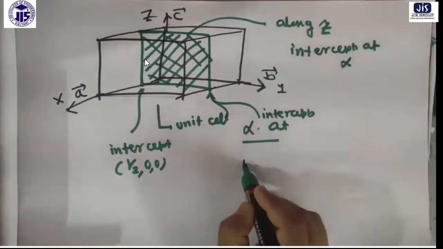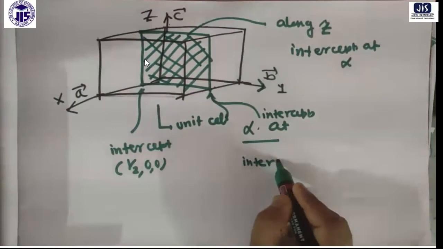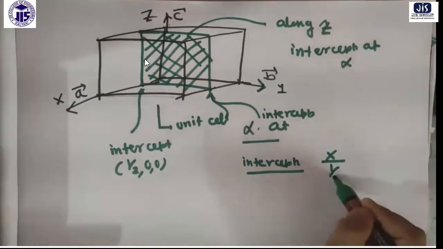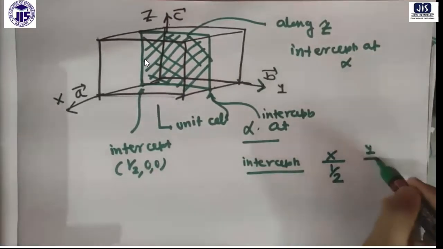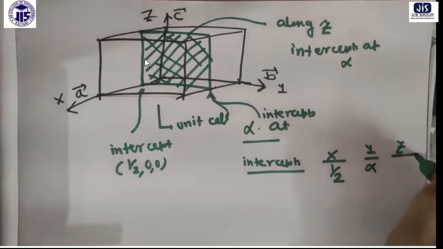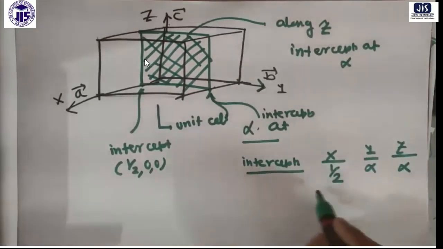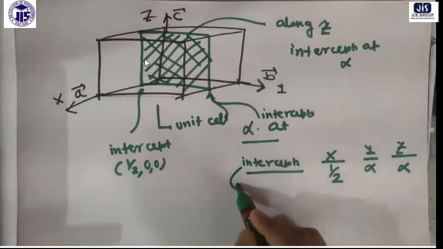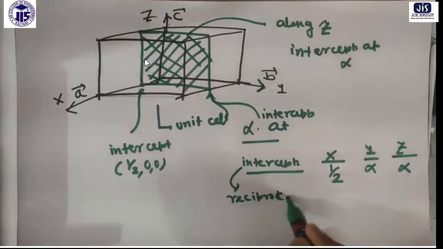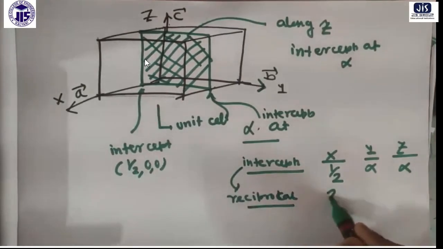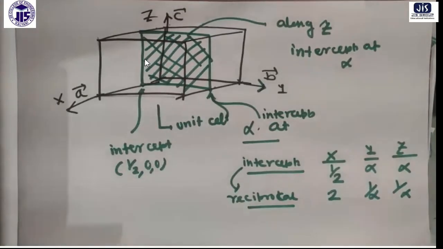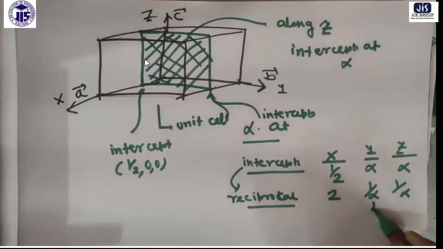So the intercepts are like this: along x it is at half, along y it is at infinity, along z it is also at infinity. If I take the reciprocal of that, this is 2, this is 1 by infinity, this is 1 by infinity. 1 by infinity means 0.